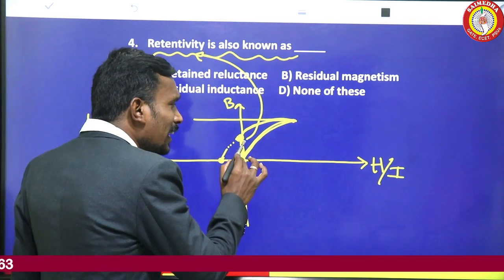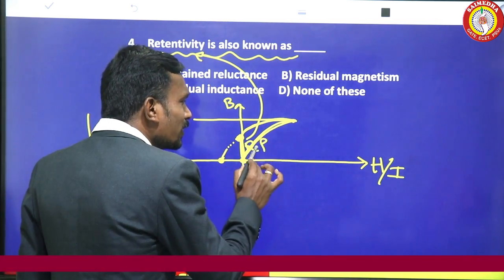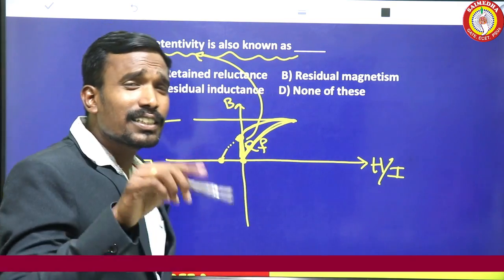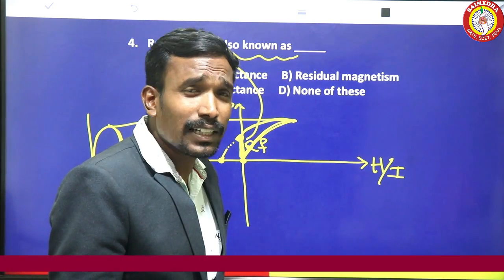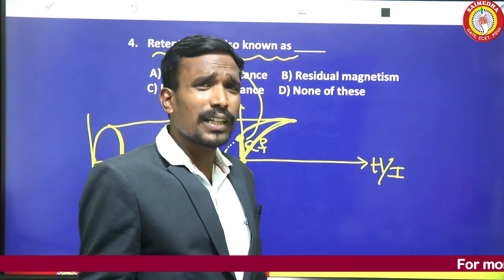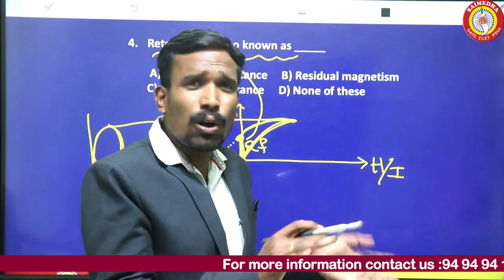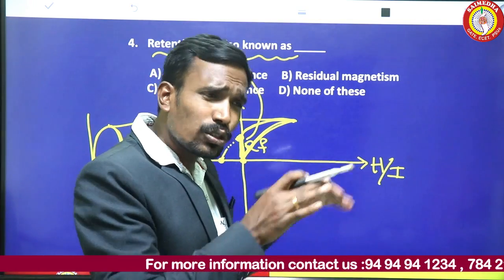This retentivity is also called residual flux. This is also called residual. Residual means Virat Kohli is not supposed to go to any other team. Residual is there. He won't go to any other team. He has to be there.